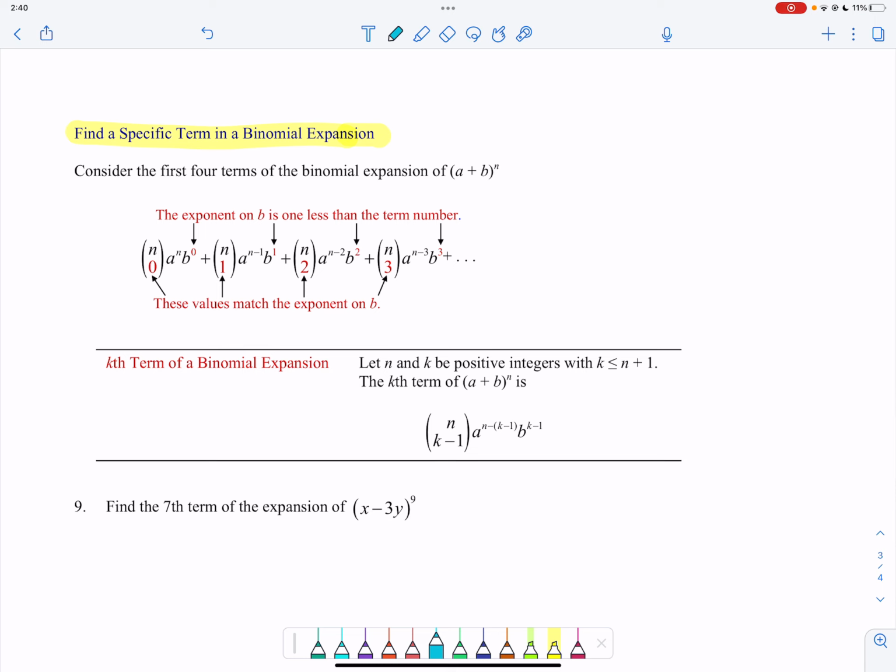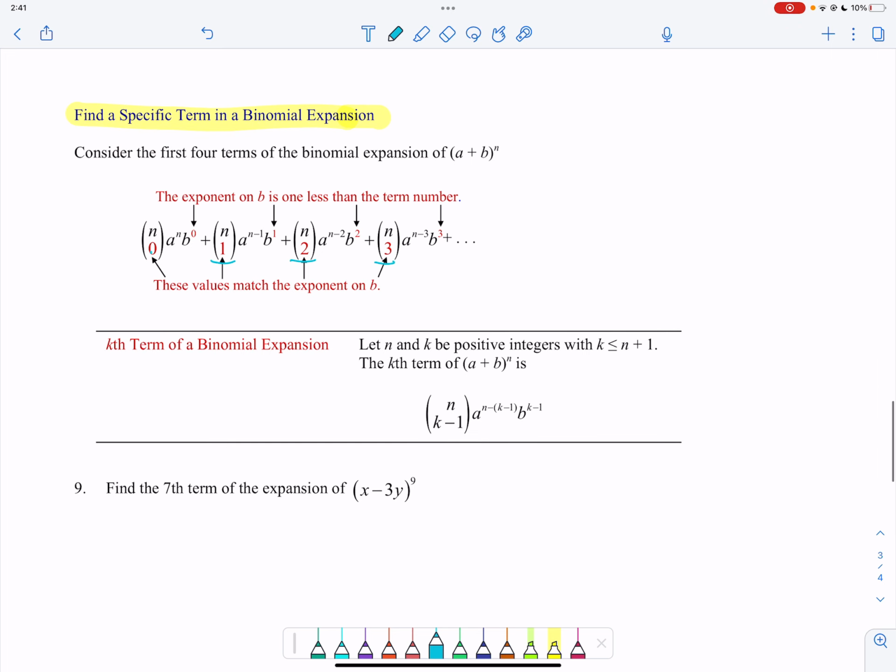Looking at this pattern, you can see 0, 1, 2. The power, the degree of b is increasing, and the degree of a is decreasing. These lower values match the exponent on b.